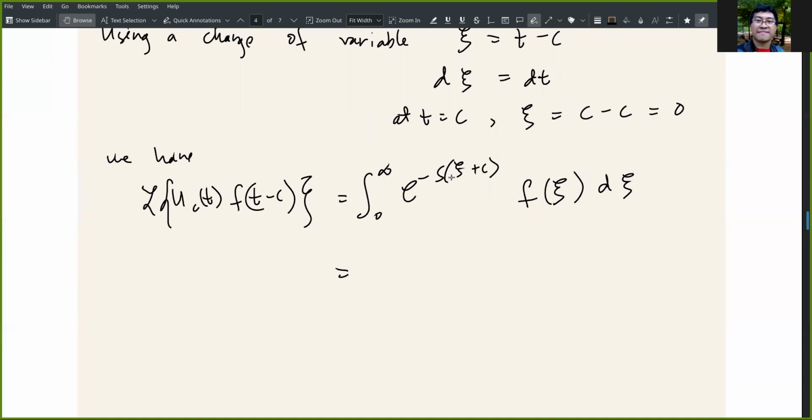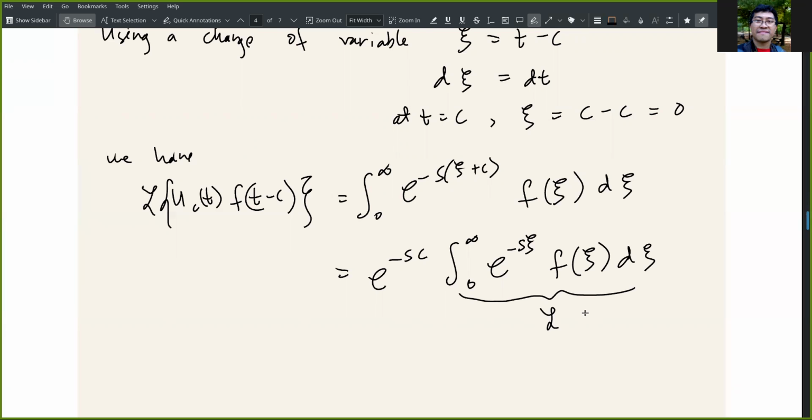We can factor out e to the minus sc, it's a constant, leaving the integral from 0 to infinity of e to the minus s psi f(psi) d psi. This is simply the Laplace transform of f(psi). You can also replace this dummy variable psi with t.